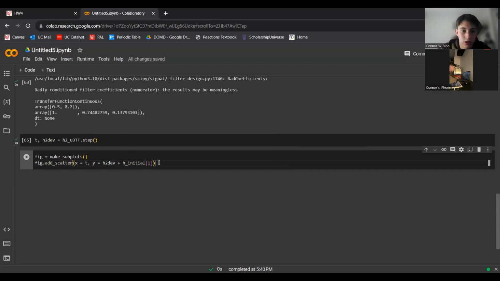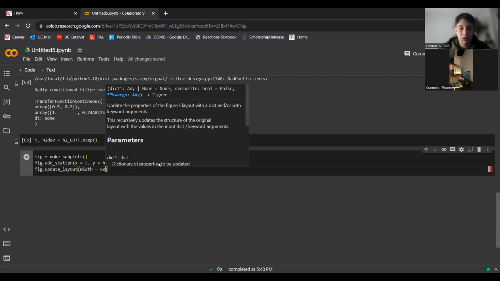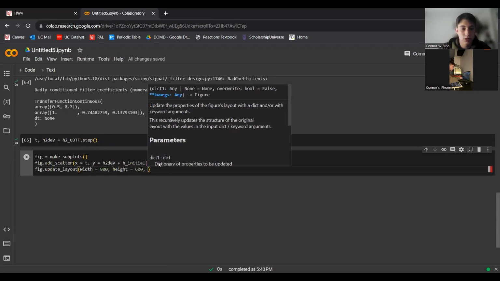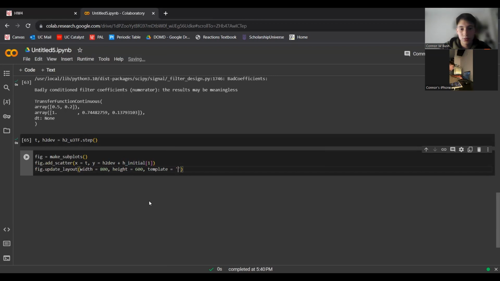So that looks good. And then we're going to update the layout. Let's say width of 800, height of 600 pixels, and then update the template to Plotly Bart class favorite. We can go ahead and name this as well.